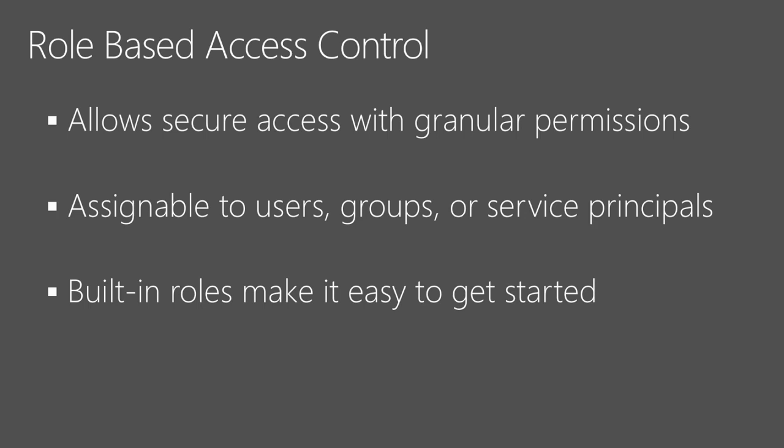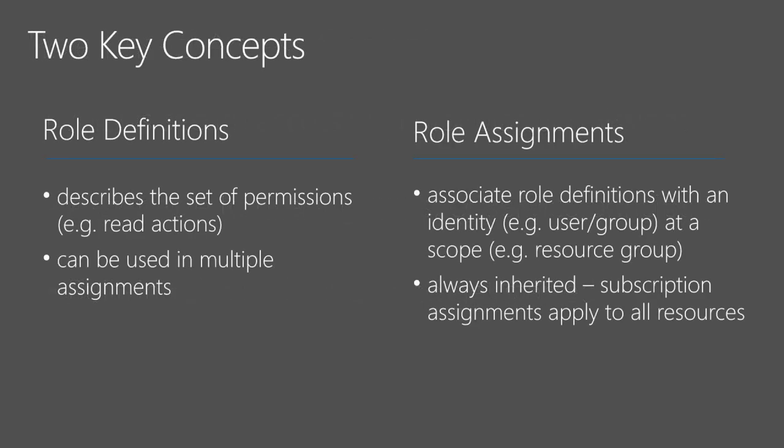This access can be assigned to users, groups, or service principals. We realized that managing access control and permissions can be very complicated, so we came up with a set of canonical, built-in roles, which make it easy to get started with role-based access control.